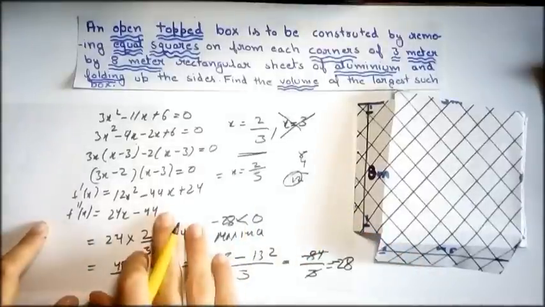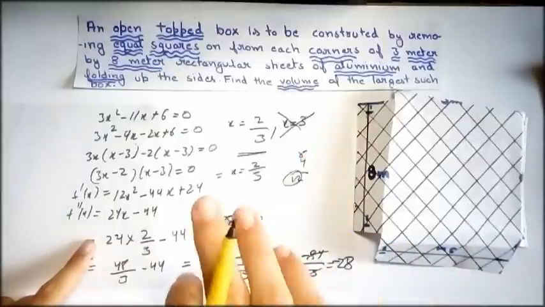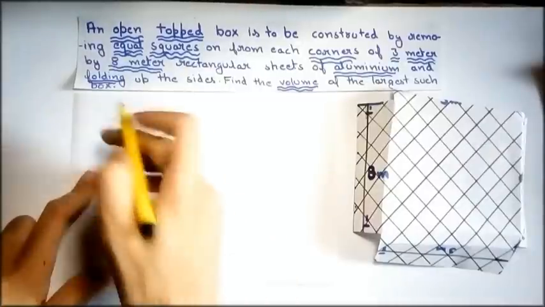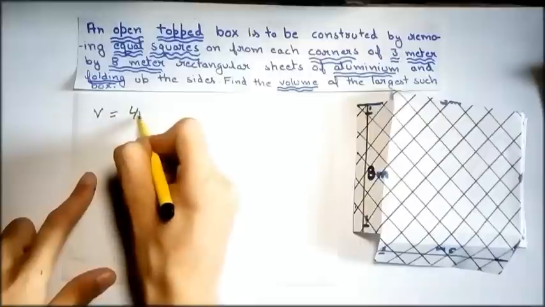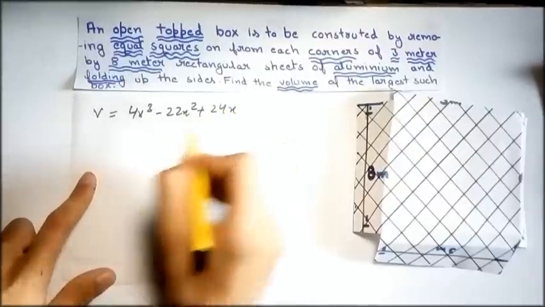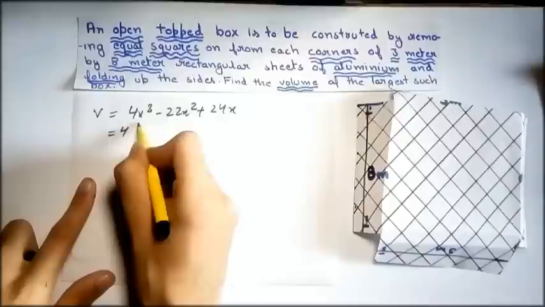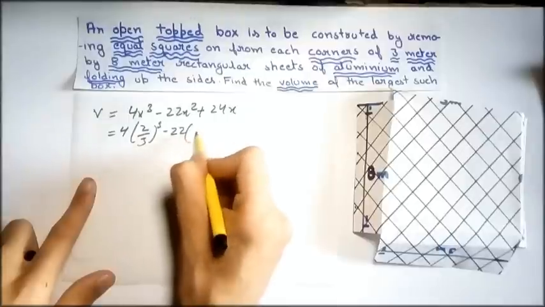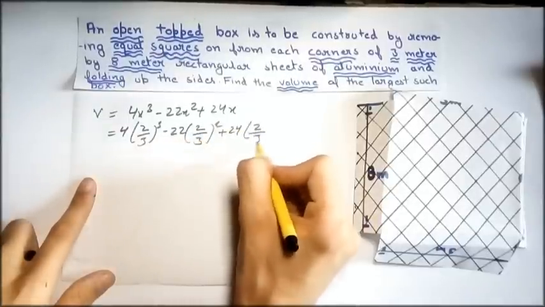So now we will put the value of x in the original volume and find the maximum volume of this box. So let's find the volume. First we write the volume was 4x cube minus 22x square plus 24x, and now we put the value of x in this function, that is 4 times (2 by 3) cube minus 22 times (2 by 3) square plus 24 times 2 by 3.